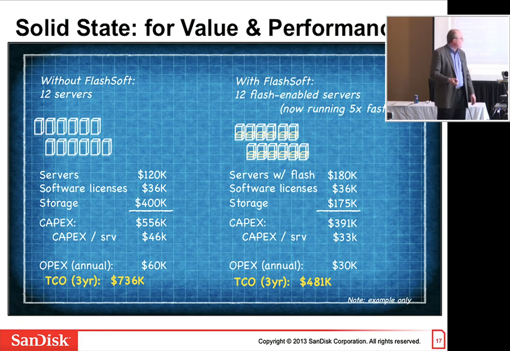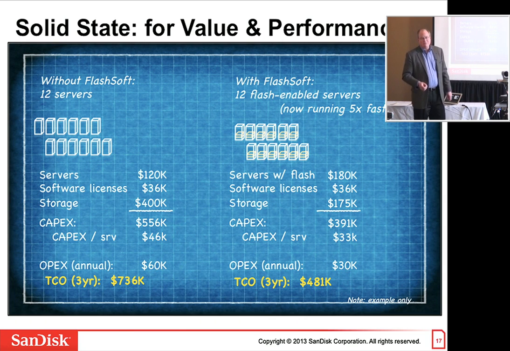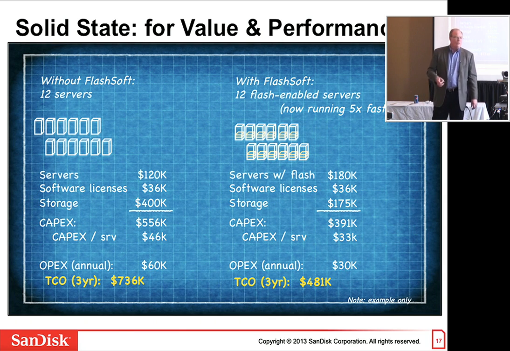And so your net cost, your TCO, over a period of time can actually be reduced when you deploy more powerful servers. This goes to the heart of our message, which is that flash-based caching is not just about delivering greater performance, it's also about delivering a more cost-effective infrastructure in the data center.